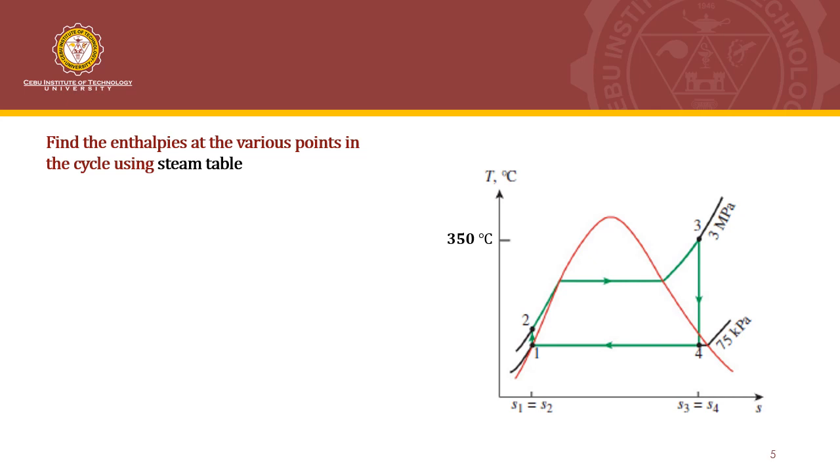At this point, I will illustrate how to use the steam table in finding the enthalpies at the various points in the cycle. As you can see, we have 4 points in the cycle: point 1, 2, 3, and 4. We will start with state 1. As I mentioned a while ago, point 1 is a saturated liquid because it is designed that in a Rankine cycle, it will always be saturated liquid at the exit of the condenser.